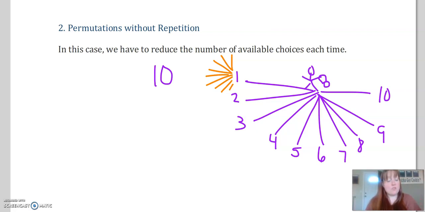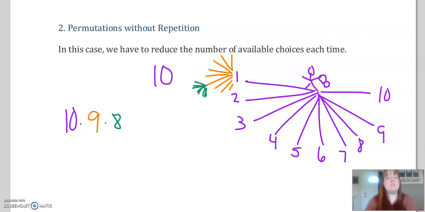Okay, so the first time we have 10 people. I need to write this over here so we have room. And the second time we only have 9 people that we can pick from because the first person's already been picked, right? Without replacement. Then for third place, how many people do we have left? Well, 2 people have already been picked for first and second. So we'd have 8 people here.